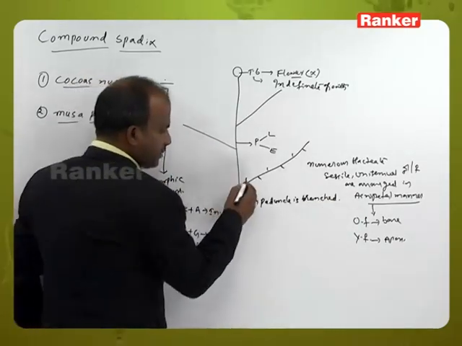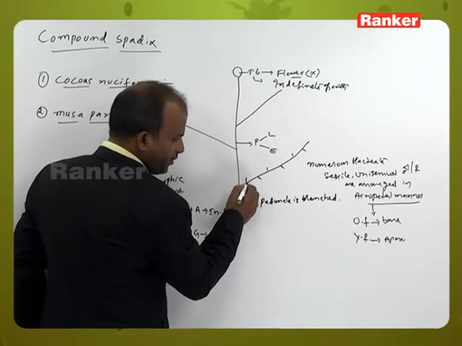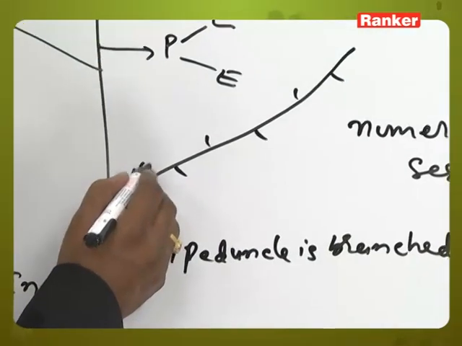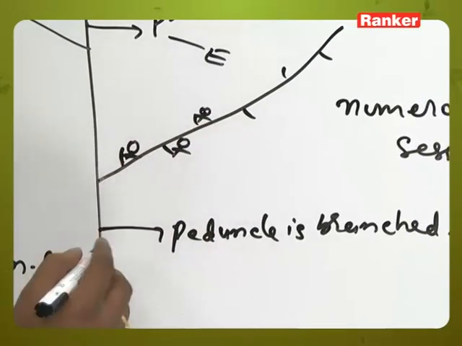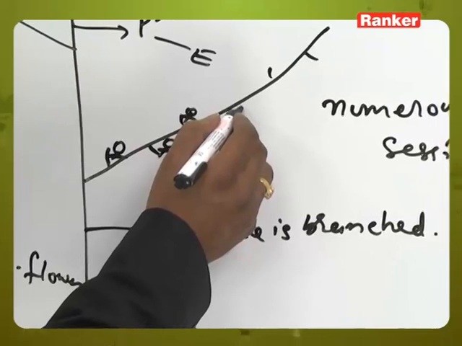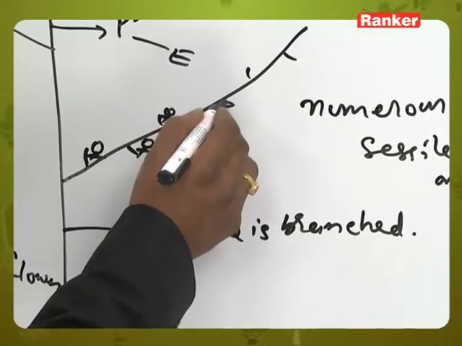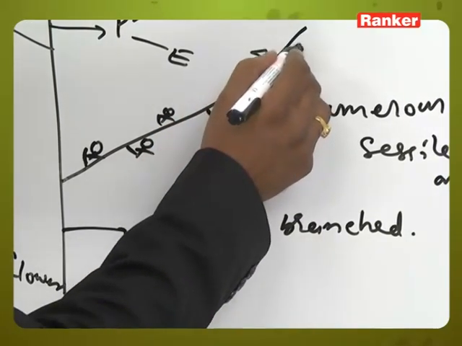In this, the female unisexual flowers are present towards the base, and the male unisexual flowers are present towards the apex.